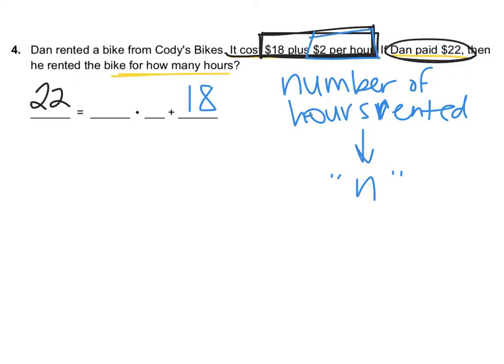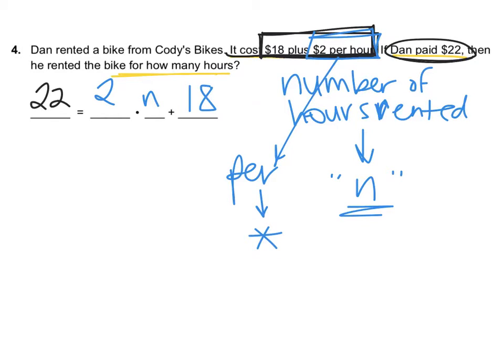This $2 per hour, we've talked about that word per before, and that means multiplication. So if it's $2 per hour, and we know that the number of hours rented is our variable of N, we're going to end up with 2 times N. Our final equation would look like 22 equals 2N plus 18.